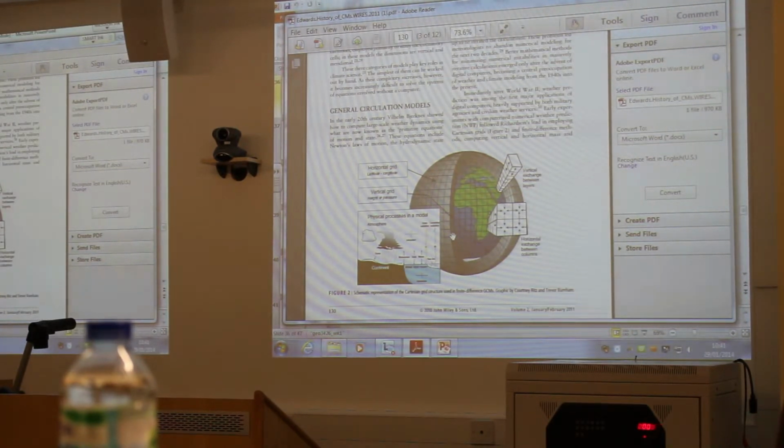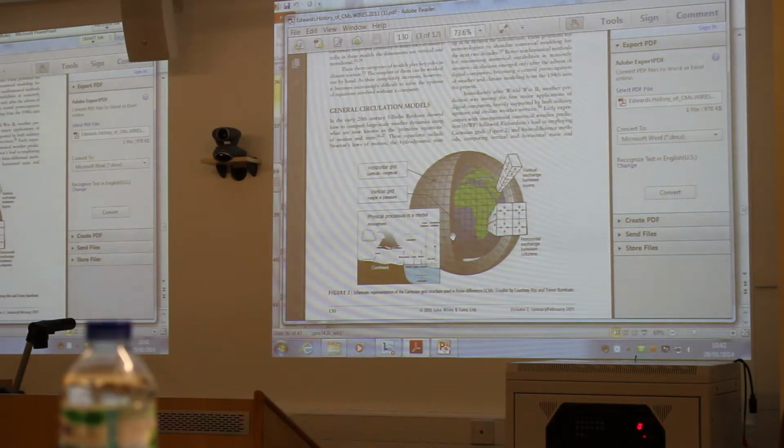It's attempting to balance the demands of a good approximation of reality against the computer power available and cost. Every time you run a supercomputer, it costs, and tying up a major supercomputer for a month or 2 months is a huge cost.